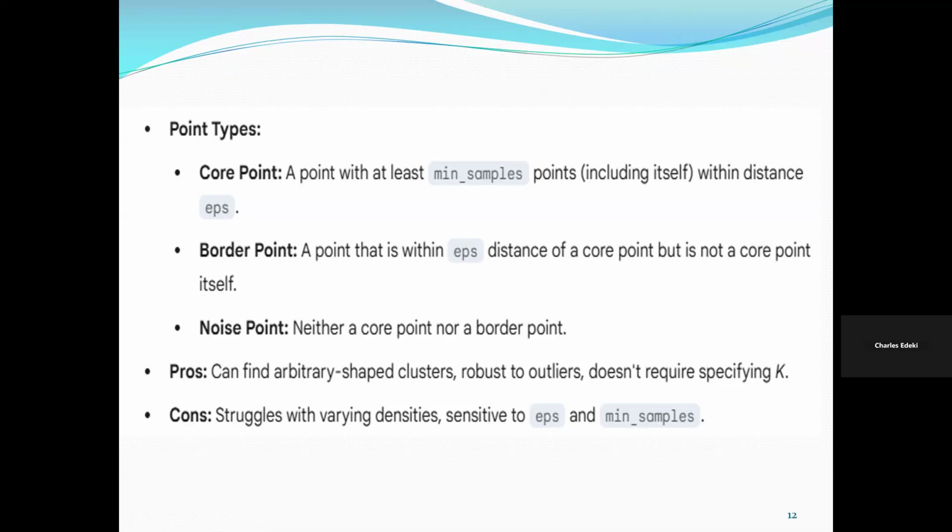A border point is a point that is within epsilon distance of a core point, but it's not a core point itself. It has fewer than the min samples in its own epsilon neighborhood.